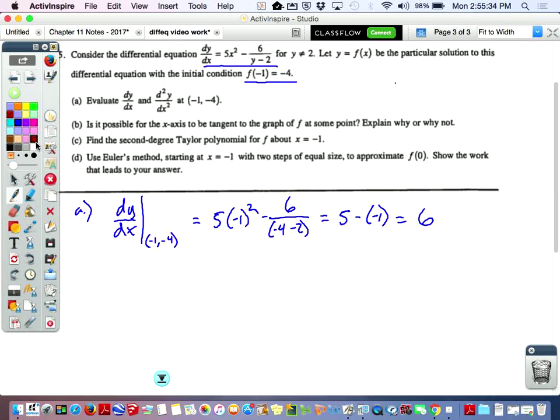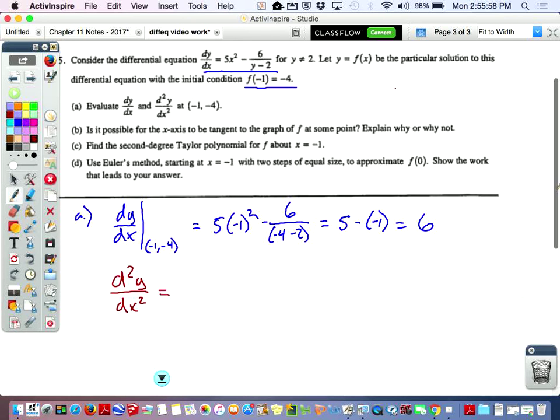Then we've got to find the second derivative. So before I plug in any points, I first need to find the second derivative. For this process, I'm just finding the second derivative using a little bit of implicit differentiation.